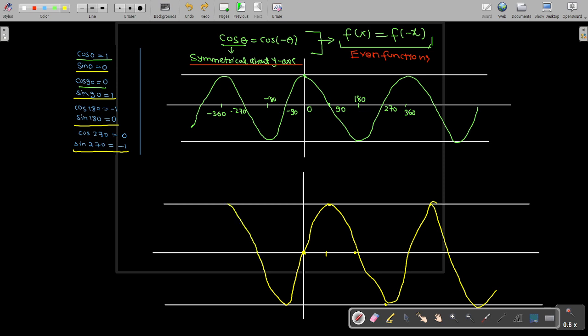I'll explain. It's not wavy like this; it's a periodic graph.